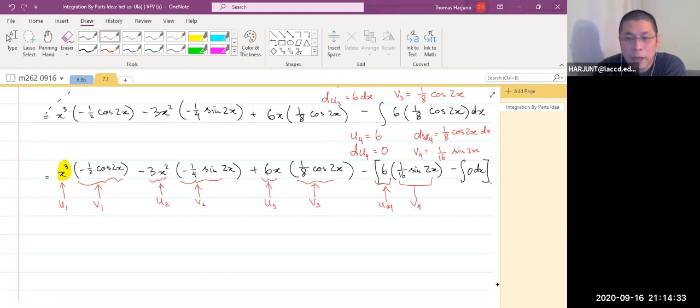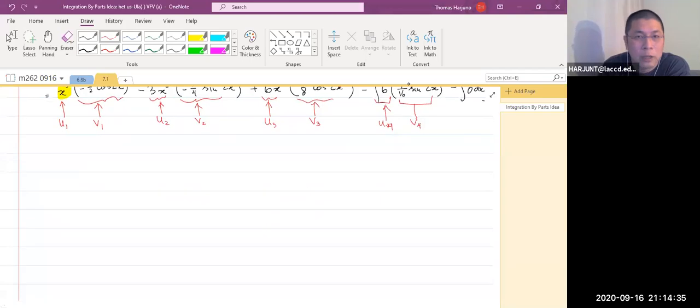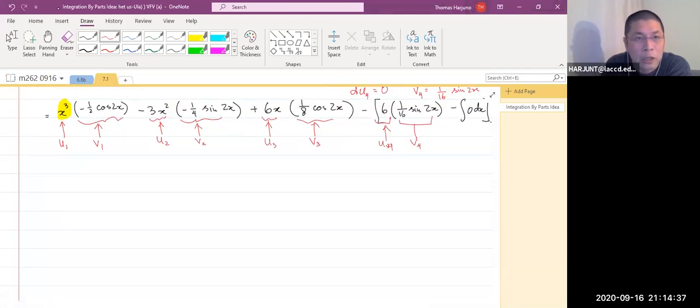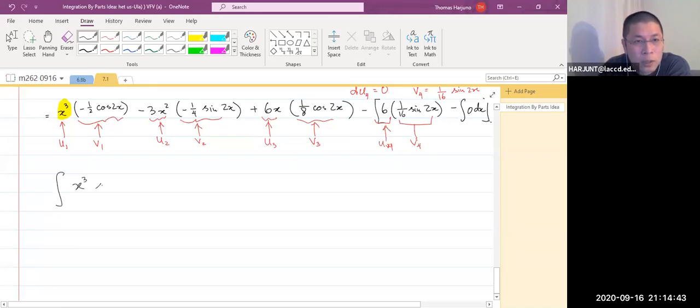As if I can actually put it this way. If I redo my integration, I rewrite my integration. Integral is integral of x cubed sine 2x dx.